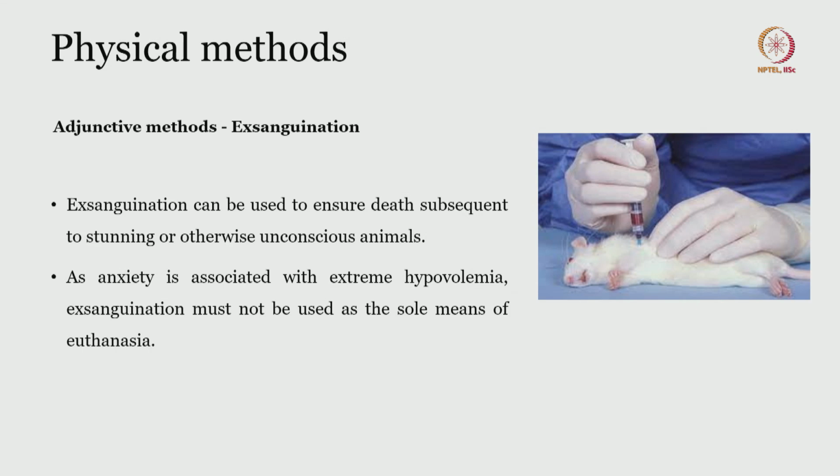And then what are the adjunctive methods? Exsanguination can be used to ensure death subsequent to stunning or an otherwise unconscious animal. If you remember, these are the secondary methods to ensure death. If you have any doubt whether the animal is dead or not, only then you will be using such methods.